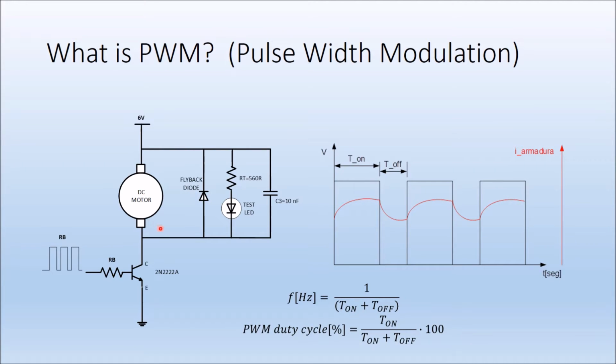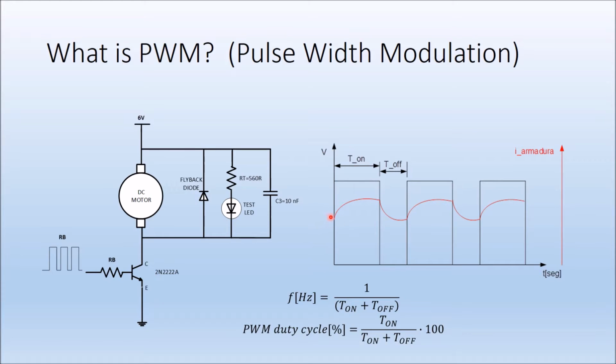And the current will decay by an exponential decay. And as soon as this transistor is turned on, then the current will restart flowing down to ground and will grow. It would have an exponential growth.